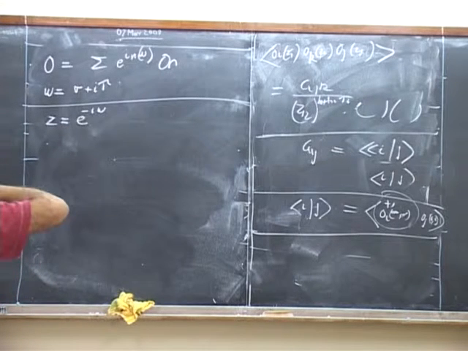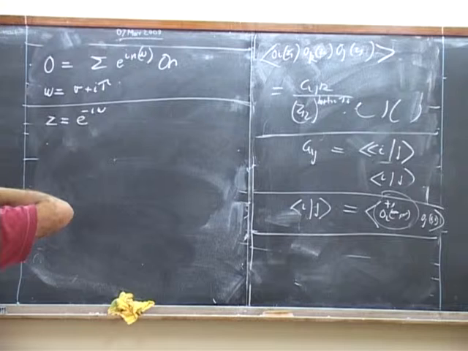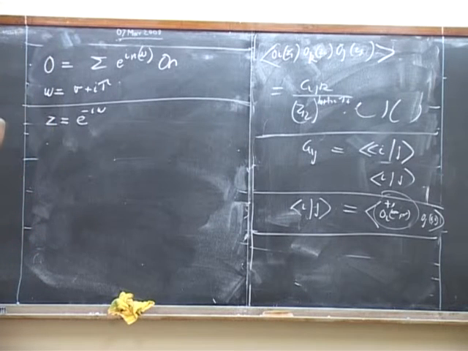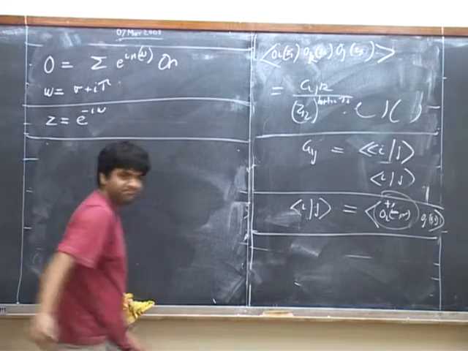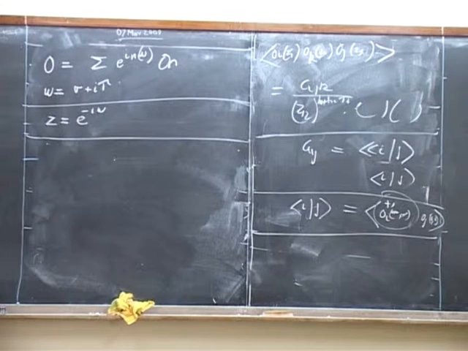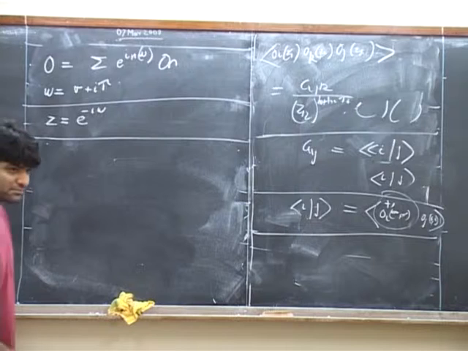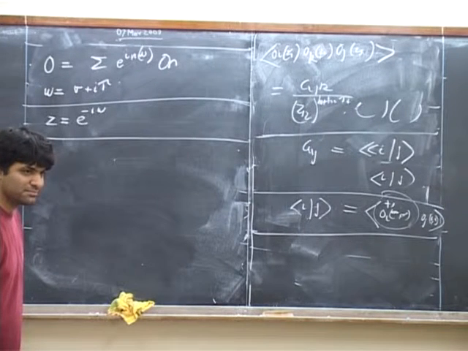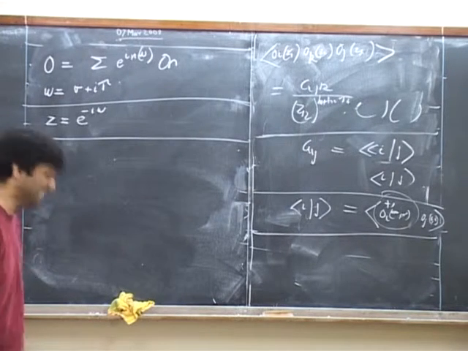Let's check that. Good, so time increases radially, and we go down to the origin. This may not be exactly what Kuczynski uses, but it's good enough for us. So Z is equal to e to the power minus i w, right, because it's 1 over z to the power.